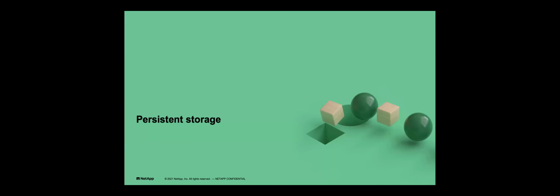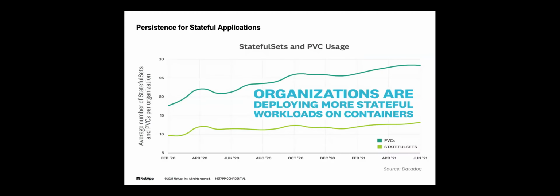So let's talk about persistent storage in Kubernetes. The fact of the matter is, stateful sets and PVC usage is growing in Kubernetes. And this takes a look back all the way to February through June 2021.